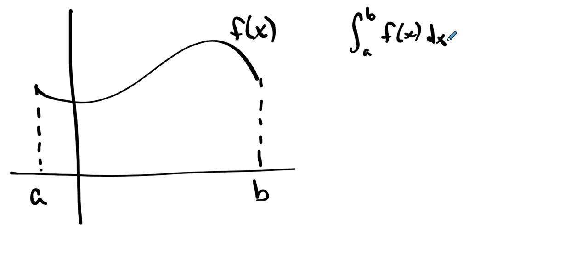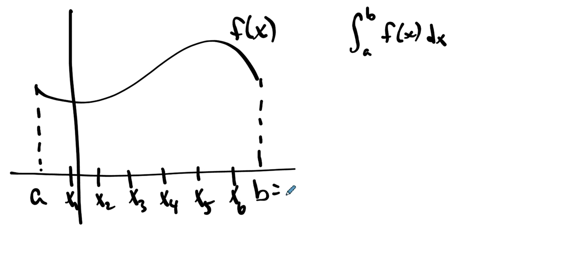Well, the thought is that you break this interval up into a variety of partition points. Here's the first one, here's the second one, and the third, and so on. You can pick any number that you want. This is the seventh one. Traditionally, we call this the 0th one.